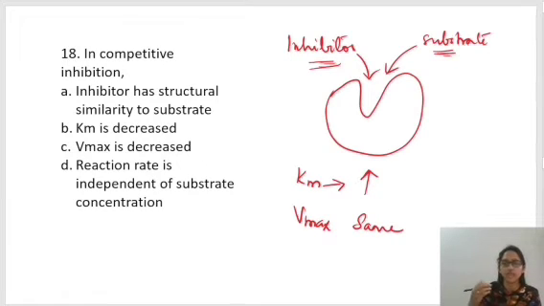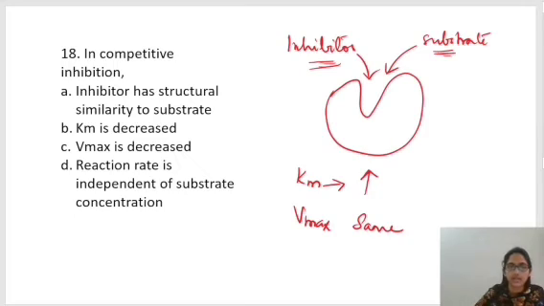To bring back the velocity of the reaction, I can increase the substrate concentration. Otherwise, at normal concentrations of substrate and inhibitor, the inhibitor can bind to the active site of the enzyme and decrease the reaction rate.